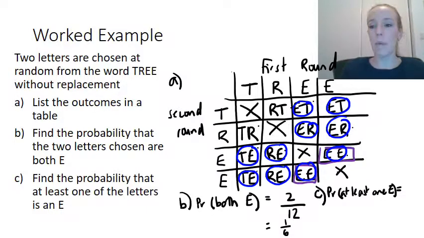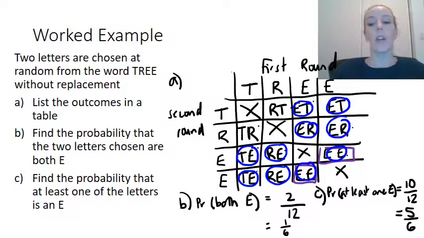So this is a much higher probability. This is 10 out of our 12. And we'll simplify our fraction to 5 out of 6. So they are our probabilities for that worked example.